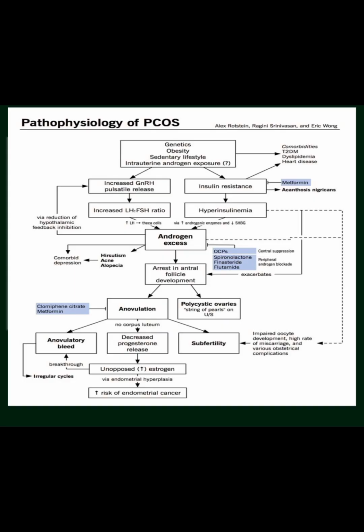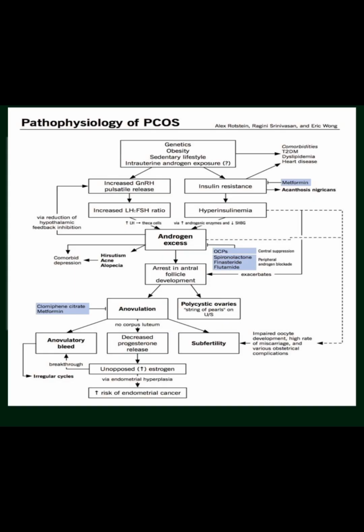The first thing we're going to talk about is that polycystic ovarian syndrome happens due to predisposition from other factors such as genetics, obesity, a sedentary lifestyle, intrauterine androgen exposure, and also other comorbidities such as diabetes mellitus type 2, dyslipidemia, and heart disease.